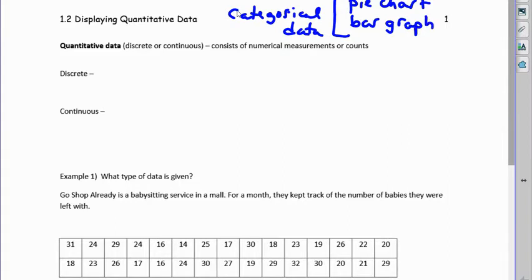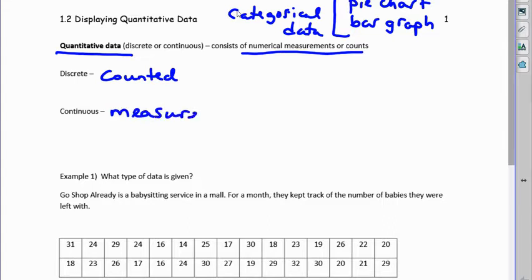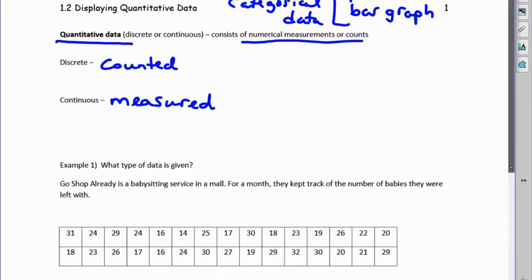But those two graphs are not appropriate for quantitative data. Quantitative data consists of numerical measurements or counts. For example, discrete is counted because it takes on specific values, and continuous is measured because it takes on values in an interval. So let's look at example 1 and think about what type of data is given here.